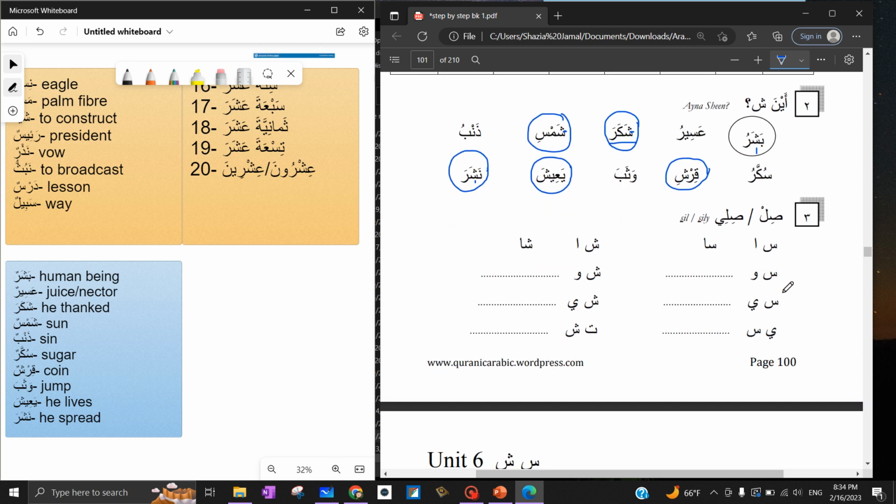Now, remember all the writing rules of seen and wow. So, we will write seen, wow, and then a little tail and continue with wow. The round portion of the wow is written above the line and the tail goes down. Seen, wow, and then the tail continues with the pot belly of the ya.